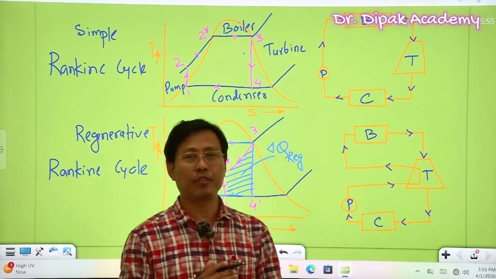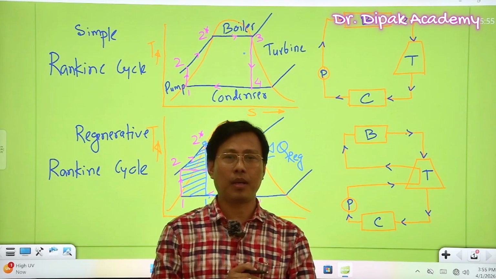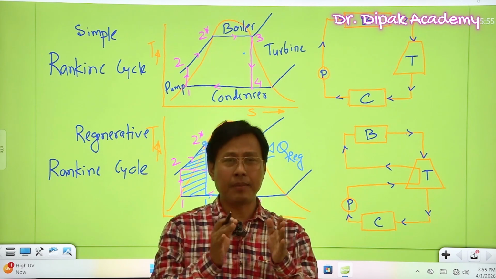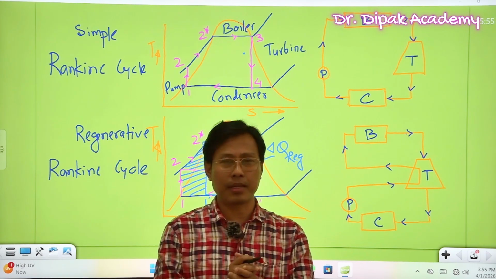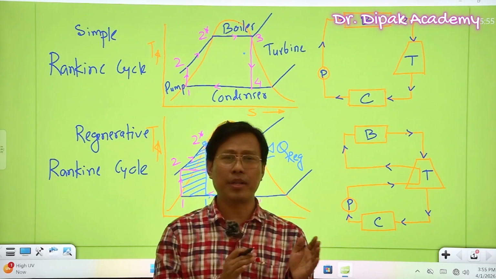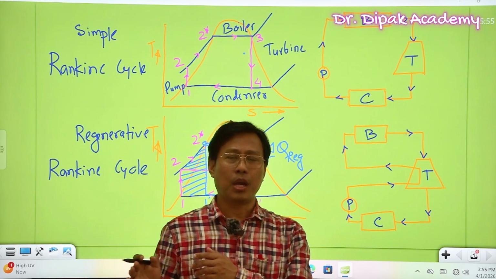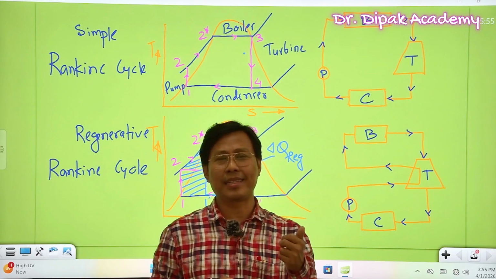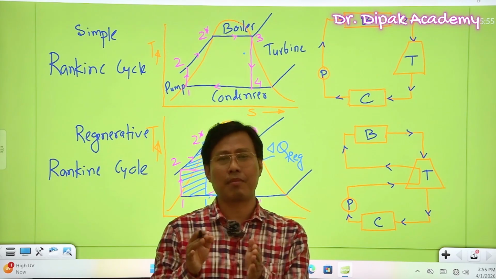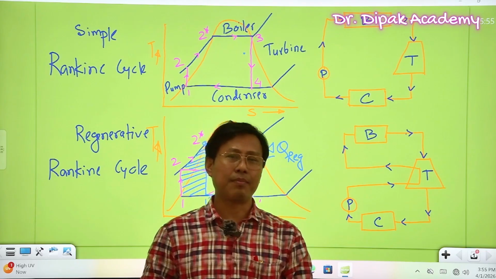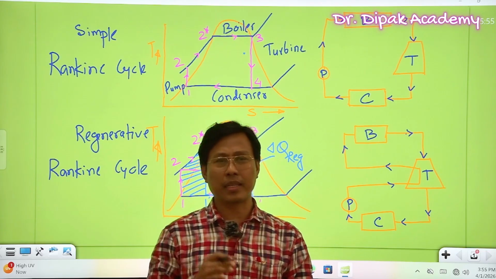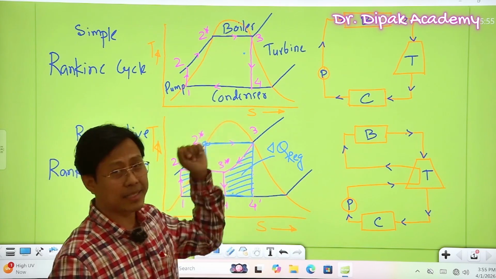So I hope that you have understood the simple Rankine cycle, the principle behind this particular Rankine cycle, how it is connected to the steam turbine power plant, because the majority of electricity we receive is coming from the steam turbine power plant, and these steam turbine power plants are working on the basis of this Rankine cycle.